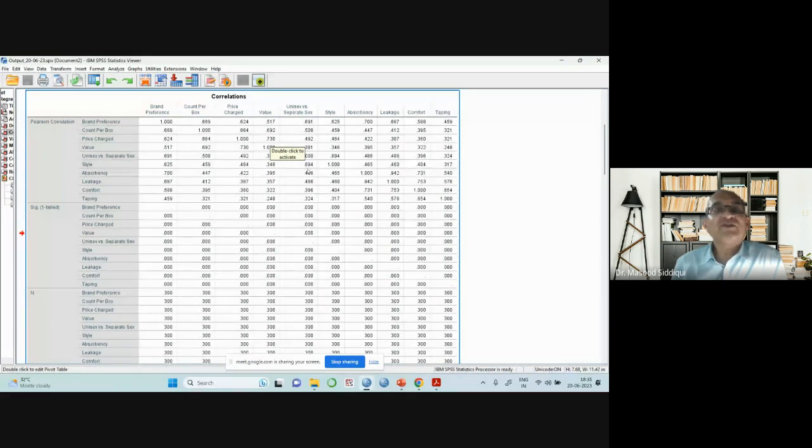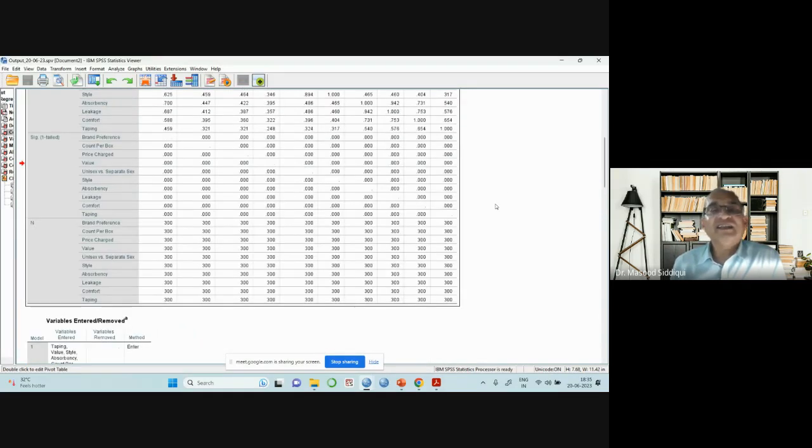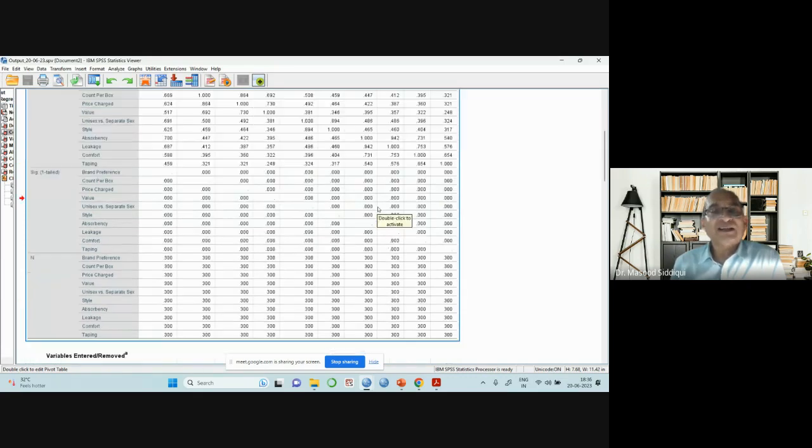Between style and unisex versus separate sex it is 0.894. Between absorbency and leakage it is 0.942, a big value, because the correlation coefficient lies between -1 and +1. Between absorbency and comfort it is 0.731. So there are a number of high correlation values, which indicates that there may be multicollinearity.